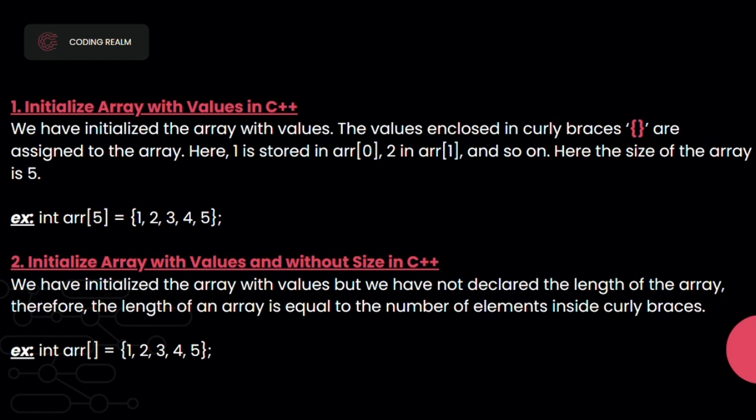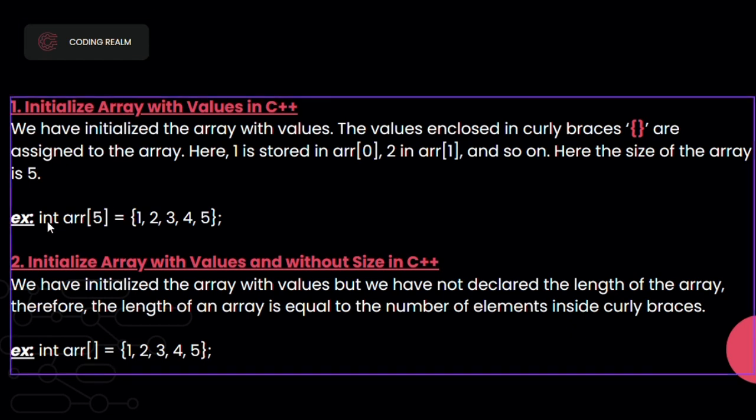The values enclosed in curly braces are assigned to the array. Here, 1 is stored in array[0], 2 in array[1], and so on. Here the size of the array is 5.